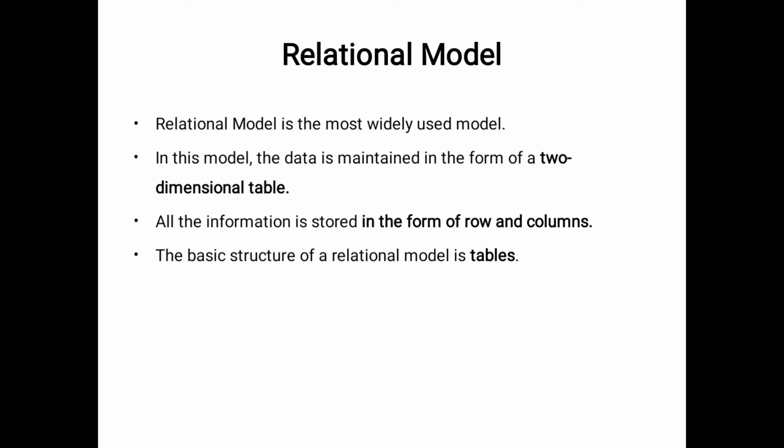The basic structure of the relational model looks like a table, simply the table. Relational model means simply the table. So here the tables are also called relations, and row wise, column wise data is available.